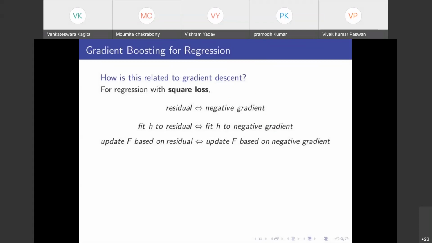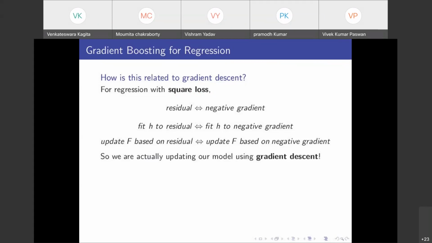Because we have proved that the residual is equivalent to the negative gradient, and fitting any model to the residual is equivalent to fitting any model to the negative gradient. So therefore, updating f based on the residual is equivalent to updating f based on the negative gradient. And also remember that this is regression with squared loss. All that we are doing is for squared loss.